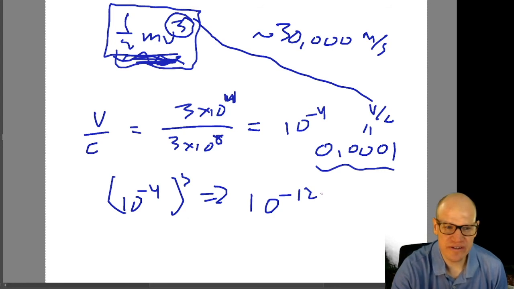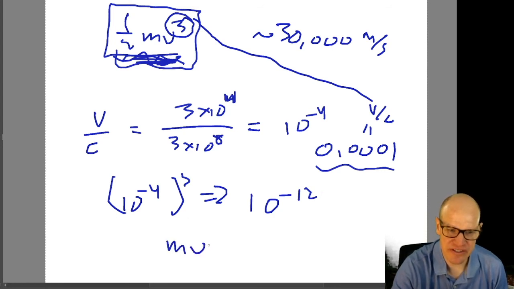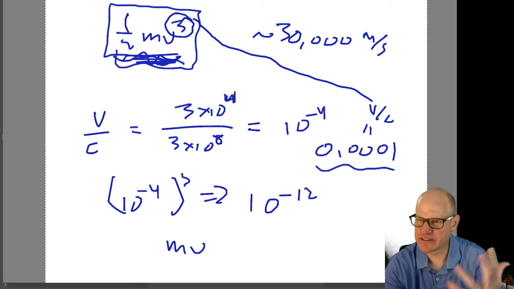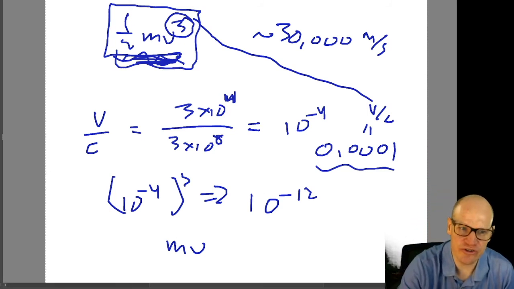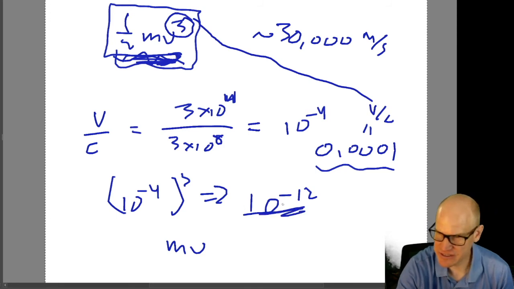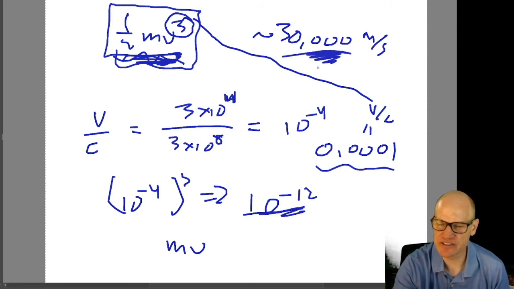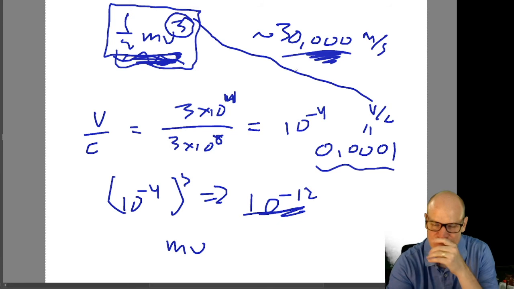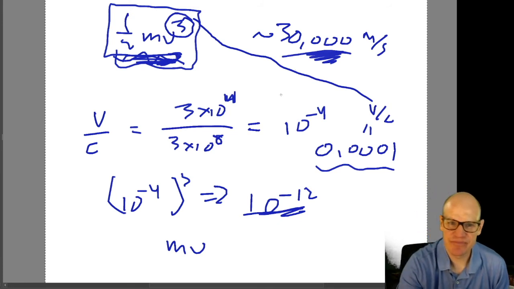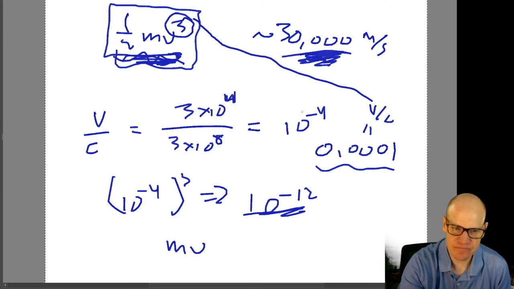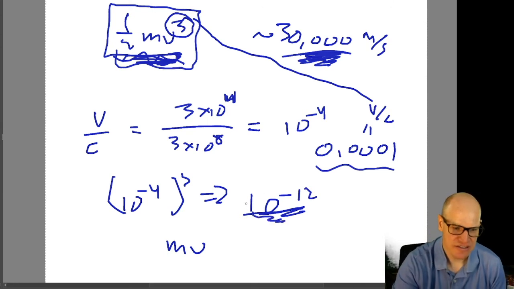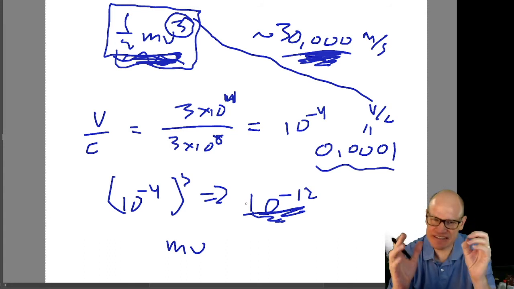So when we're using mv and we're talking about things near the surface of the Earth, the error that we're introducing is in the 12th decimal place for the fastest objects that we can imagine producing. The fastest rocket ships that we make are moving at 30,000 meters per second. The error that we introduce is in the 12th decimal place. So that's tiny, that's negligible.